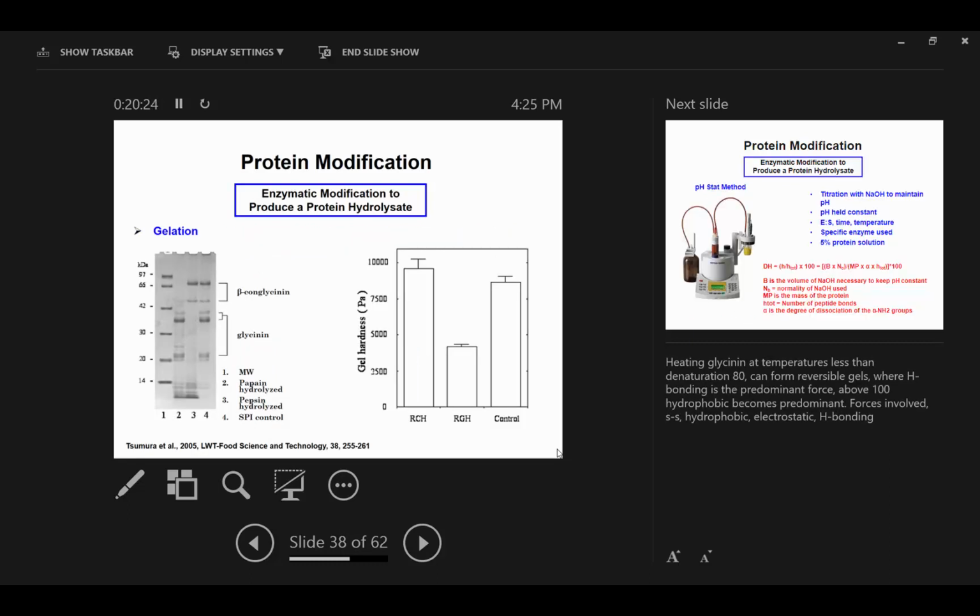Okay, so I told you I'm going to go back and tell you the impact of specificity on functionality. Here's an example by a different group of researchers. What they looked at is the impact on gelation. Glycinin subunits can form a stronger gel than beta-conglycinin.